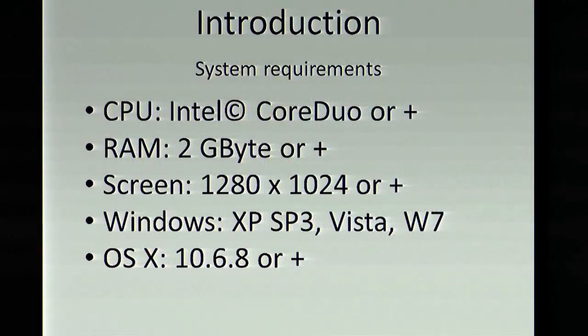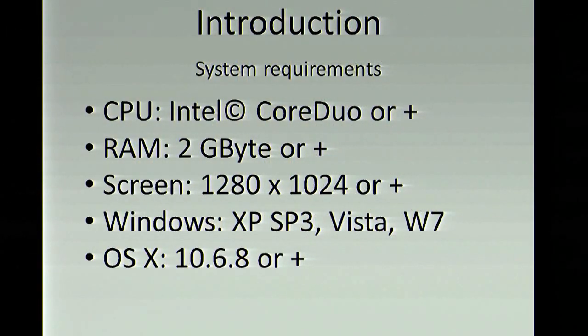And at the end of the introduction part, some system requirements. It's easy now because Windows and Macintosh, it's obviously the same. For both platforms, we need a minimum of Intel Core Duo or better, a minimum of 2 GB RAM, but honestly, what's 2 GB? RAM costs nothing, and RAM can only be replaced by more RAM.